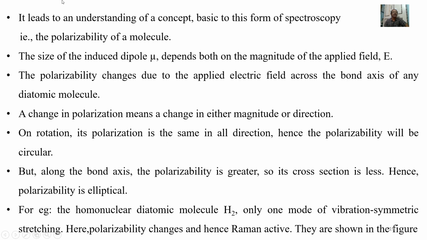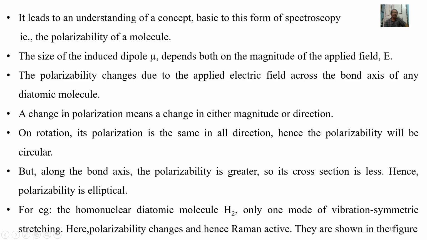It leads to an understanding of a concept basic to this form of spectroscopy, that is the polarizability of a molecule. The size of the induced dipole mu depends on both the magnitude and direction of the applied field E. The polarizability changes due to the applied electric field across the bond axis of any diatomic molecule.